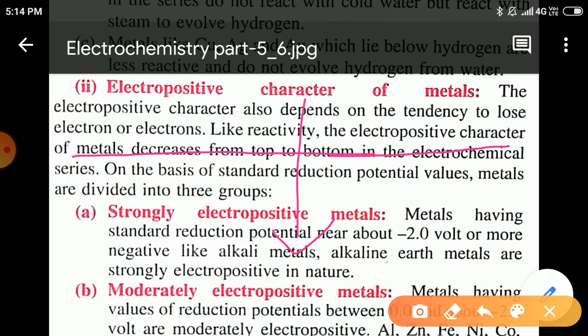On the basis of standard reduction potential value, metals are divided into three groups. First is strongly electropositive metals, meaning such metals which have a much more negative value of reduction potential. Such metals have a reduction potential of about -2 volt or more negative, like alkali metals and alkaline earth metals, which are strongly electropositive in nature.